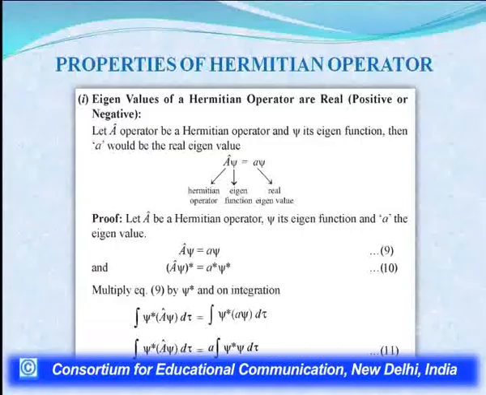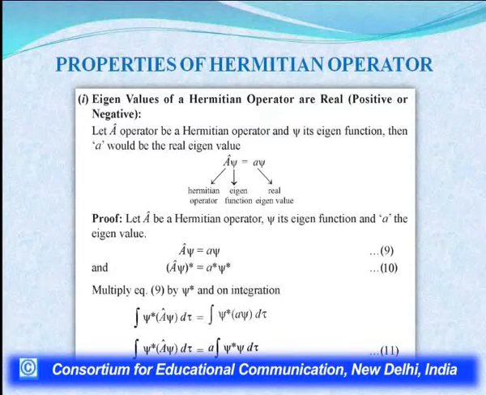Now we have two equations, equation number 9 and the second one in which I have taken the star, marked as equation number 10. Now multiply equation number 9 by psi star and then integrate. So equation number 9 will become the integral of psi star into A operator psi d tau.